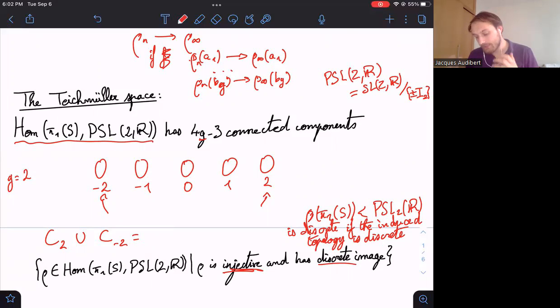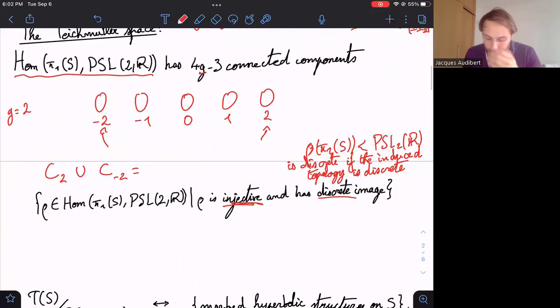And discrete image means that when we make it act on various spaces, for example if a metric is preserved, then we will act properly discontinuously, which means we'll have a nice quotient.